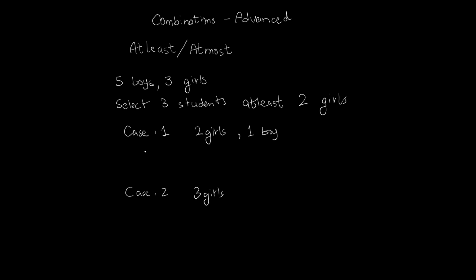Let's calculate the combination for case one. First of all, for two girls, the total number of girls is three, and you need to choose two. So n is equal to 3 and r is equal to 2. Next, for one boy, we have a total of 5 boys. Therefore, n is 5, and we need to choose 1.